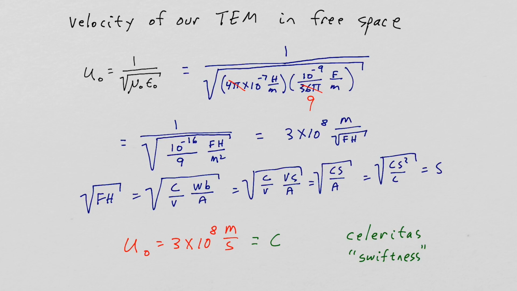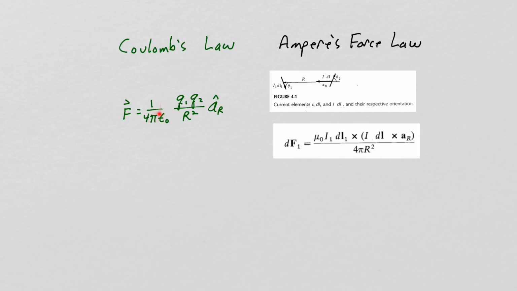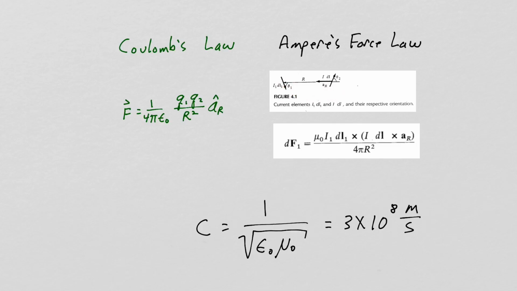The permittivity of free space comes from the DC measurement of forces between two charges, and the permeability of free space comes from the forces between two wires carrying a DC current. It seemed absurd that two quantities that came from DC measurements could give you the speed of light, 3 times 10 to the 8th meters per second. Unfortunately, it was long after Maxwell's death before Heinrich Hertz verified the existence of electromagnetic waves.